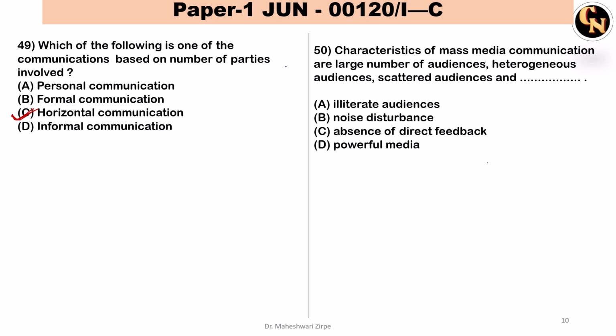So we require a large number of audiences, heterogeneous audiences, scattered audiences, and absence of direct feedback. Correct? In mass media, we do not get direct feedback. So C is the correct option.